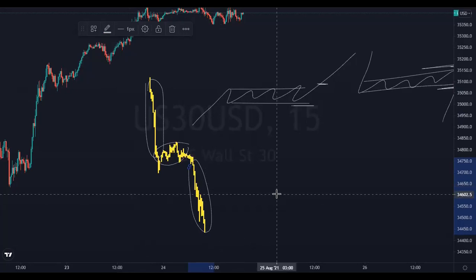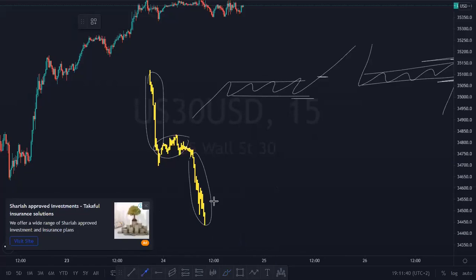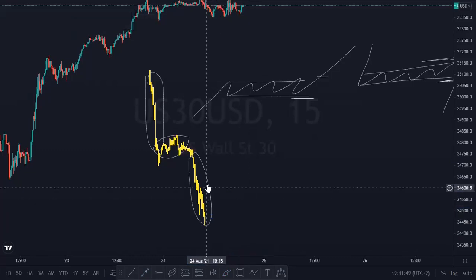So let me move this again and analyze the chart now, starting from 1 week. Let me clean my chart so that we can move together.